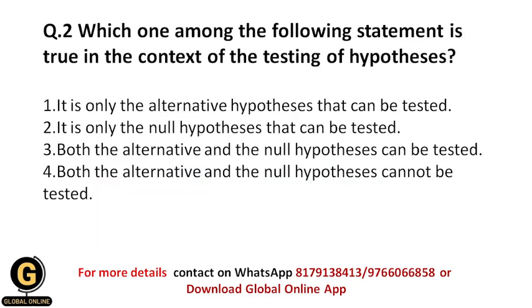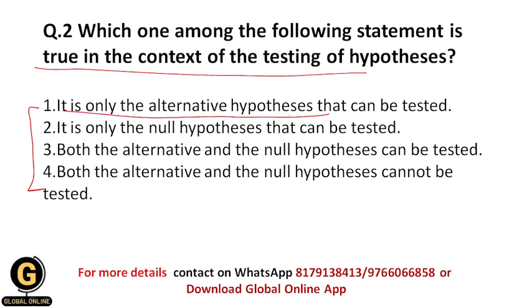Next: which one among the following statements is true in the context of the testing of hypothesis? Among these options, which statement is true in regard to the testing of hypothesis? First, it is only the alternative hypothesis that can be tested.